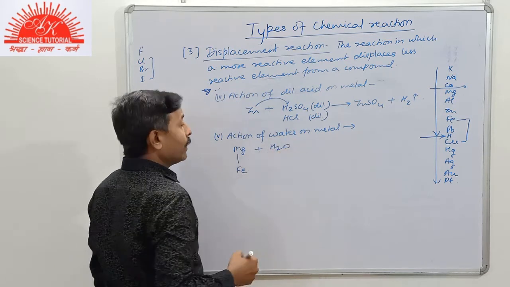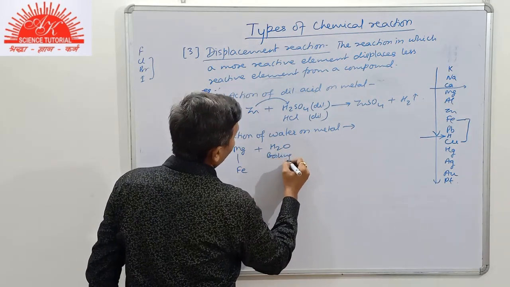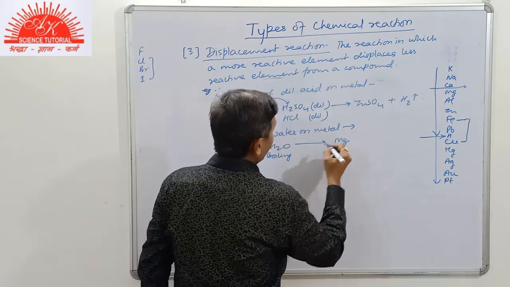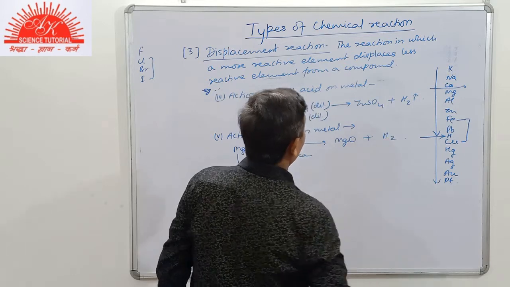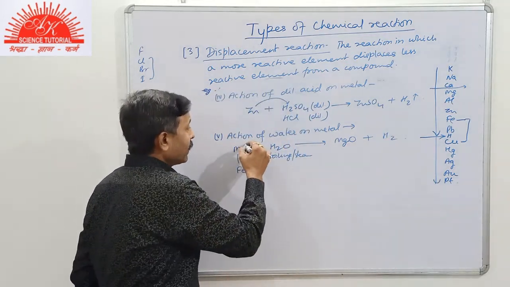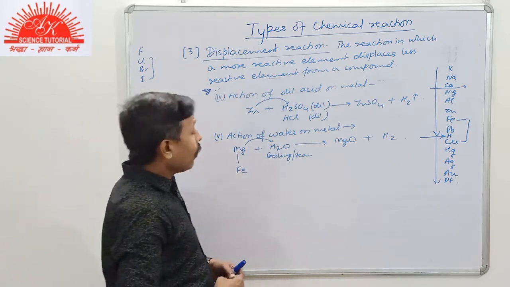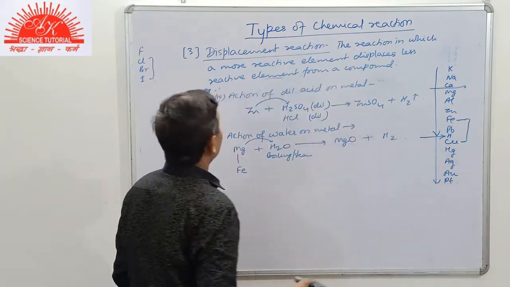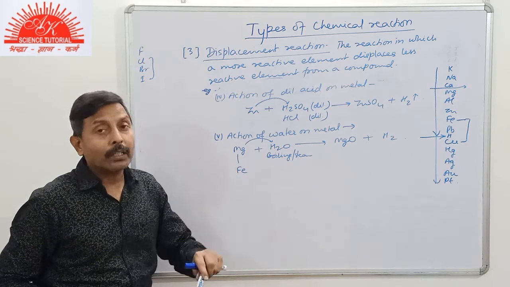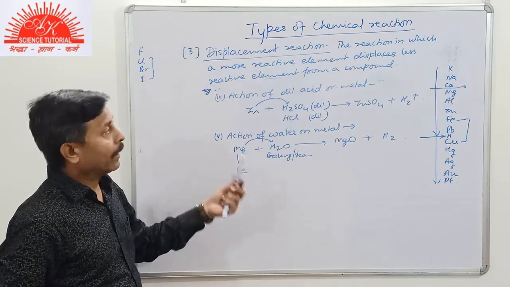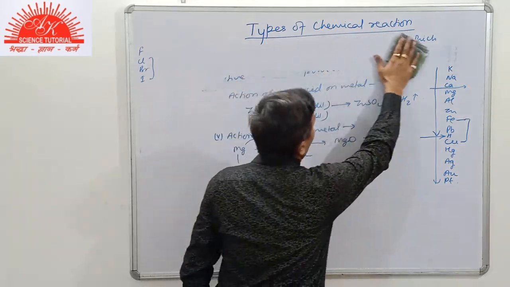Suppose the water required here is either boiling water or steam. It gives us this type of product. So in these reactions again we see that hydrogen gas is displaced. So in all these displacement reactions, students, we see that a more reactive element displaces a less reactive element from their respective compounds. As a result, different types of products are formed.